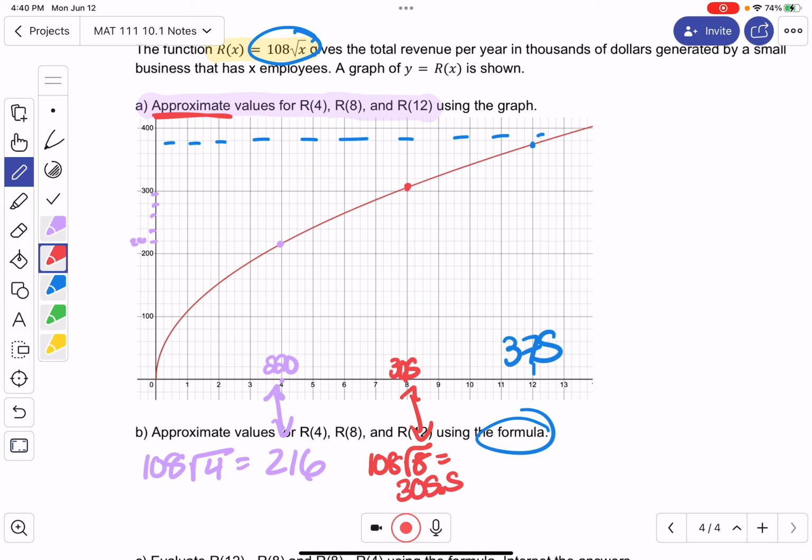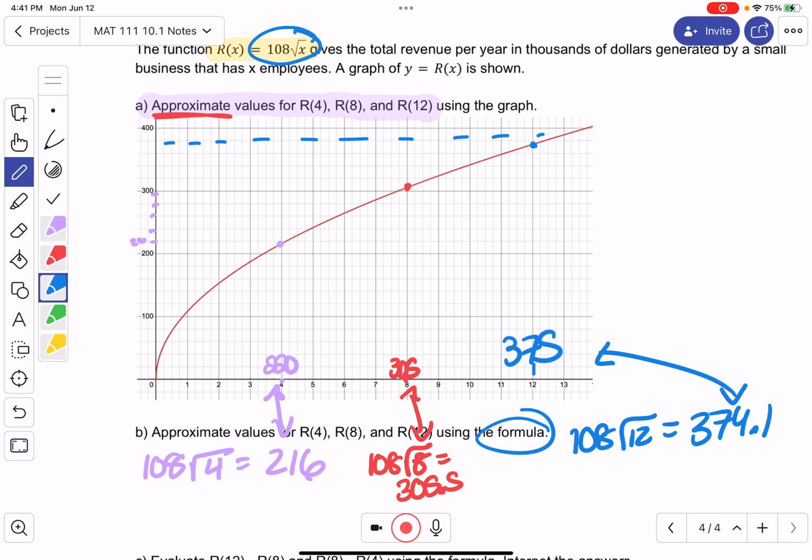Those are really close. And then the last one, 108 times the square root of 12 is 374.1. And those are really close. Here, you may have just rounded and said 380. It wasn't specific as to how close to estimate, so it's just showing you how you can use the graph to approximate even when you're dealing with square roots.